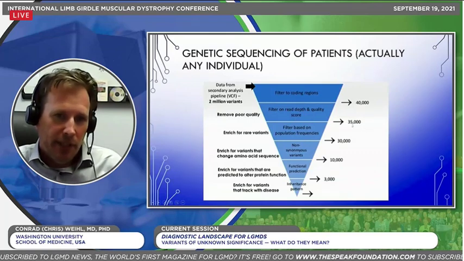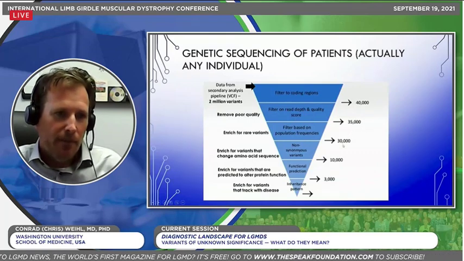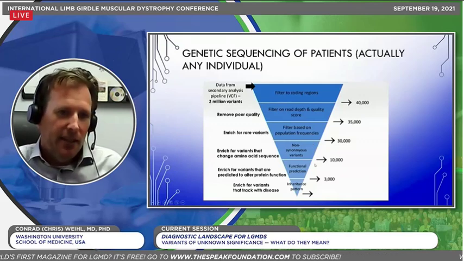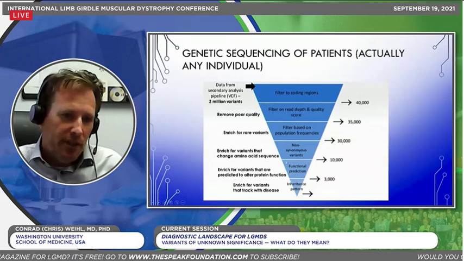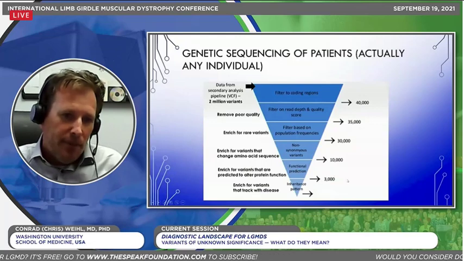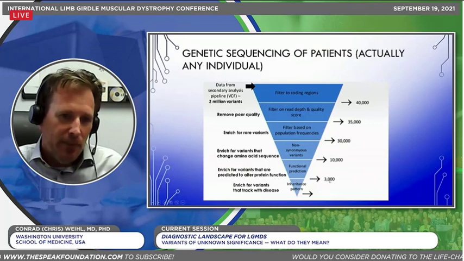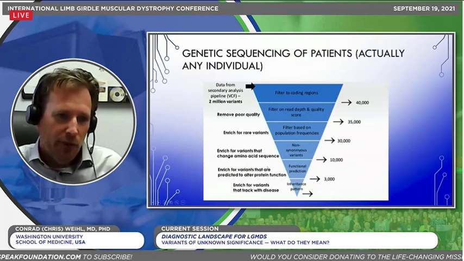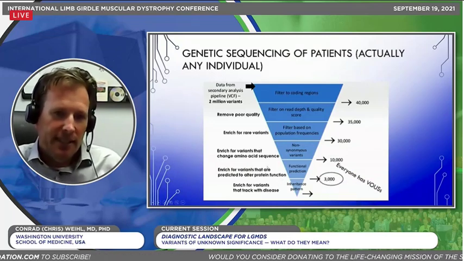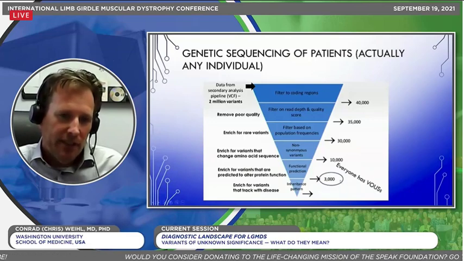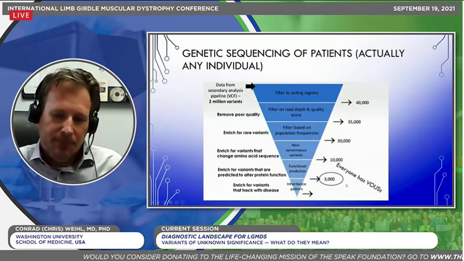And so now we end up with that 30,000 to 40,000. We look for ones that actually might be deleterious. We look for ones that we think could functionally predict. And now we're up to 3,000 genes. That's still a lot of variation in genes that could be causing disease. And then we try to enrich for variants that might track with disease. And the point is that everyone has variants of unknown significance, up to 3,000.